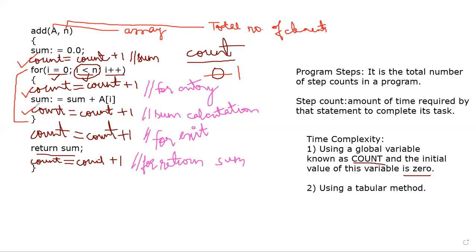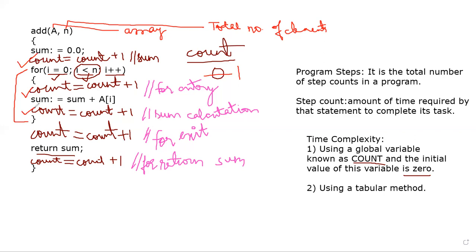And how many times does this incrementation of count twice happen inside the for loop? Can you think? Yes, n number of times.